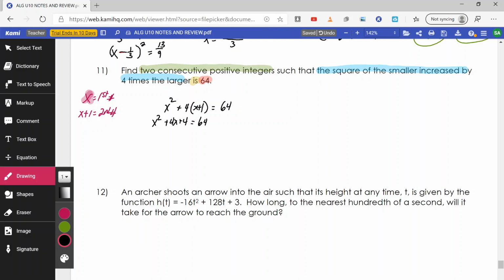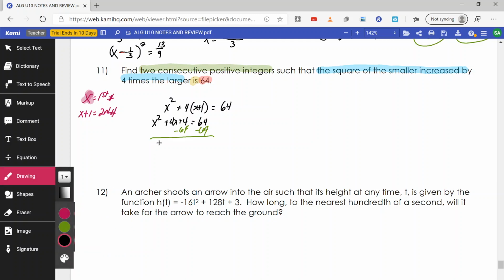So here is where we want to see what it is that we are going to be doing. Now here we have a trinomial, so odds are we could try to use factoring. Factoring means my equation has to equal 0. So here we have to subtract 64 from both sides.